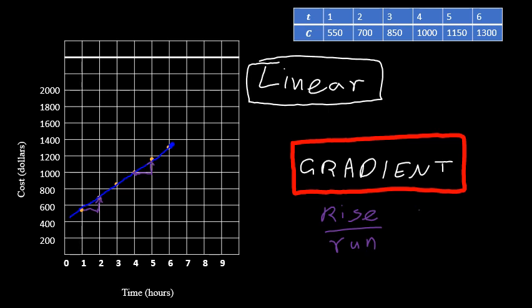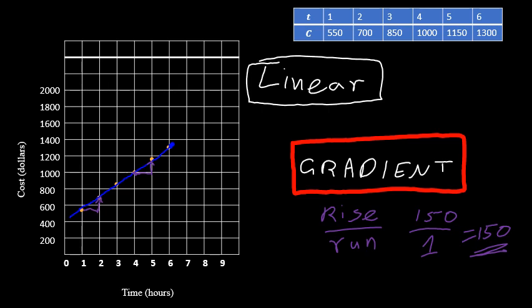So my rise is 150 from 1000 to 1150, and my run was 1. And 150 over 1 is just 150. So it gives me a gradient of 150. That's my number for how steep is my line. Well, it's 150 steep, right? It's got a gradient of 150.